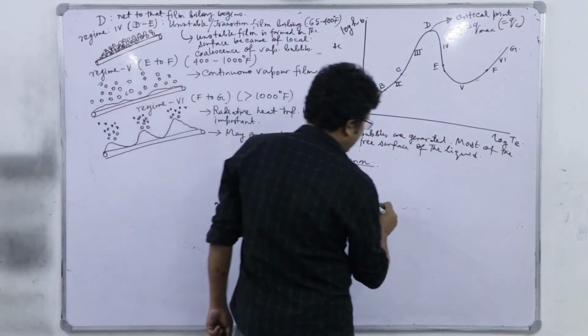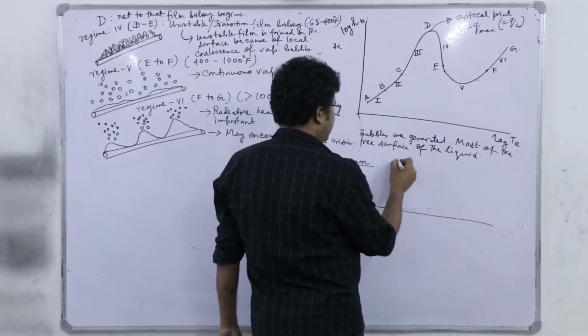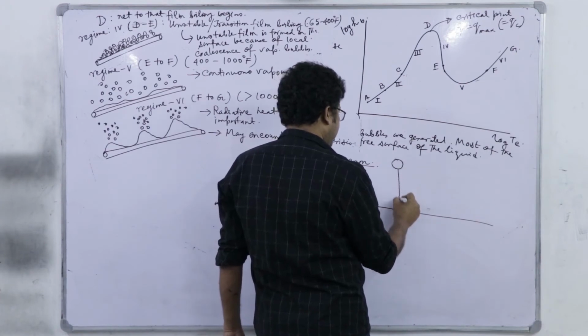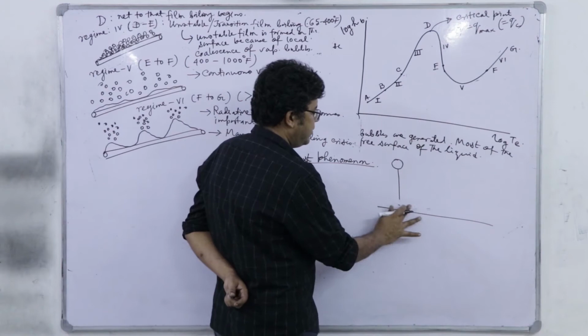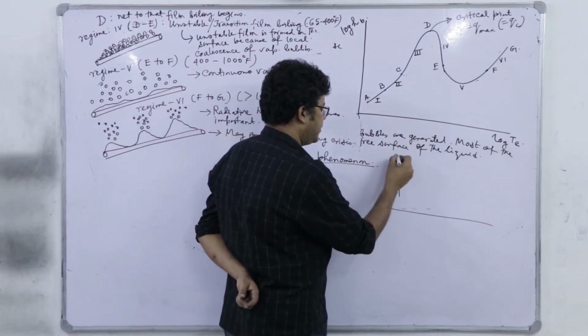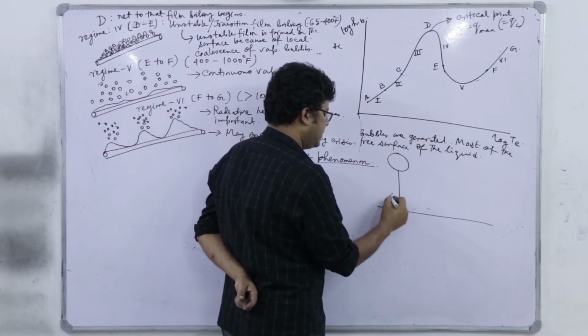If I have a hot surface and a liquid drop falls on the surface, what will happen? Immediately you see, say the liquid drop is of large size, we are enlarging it.